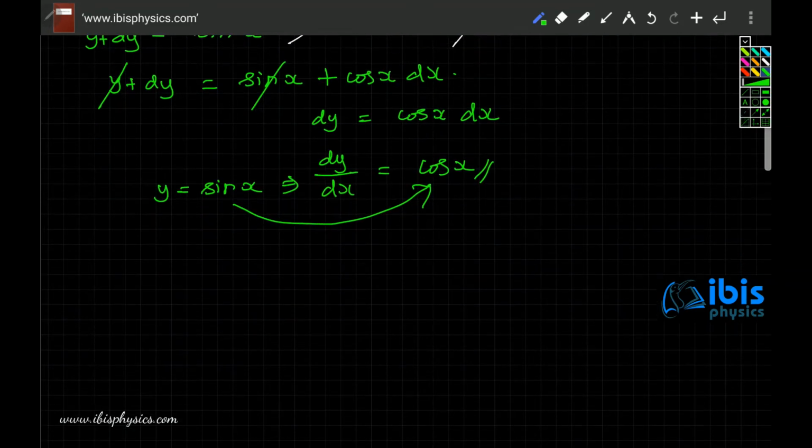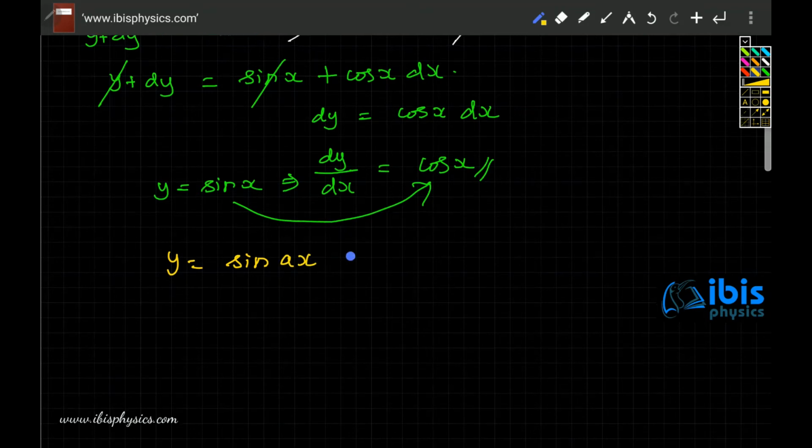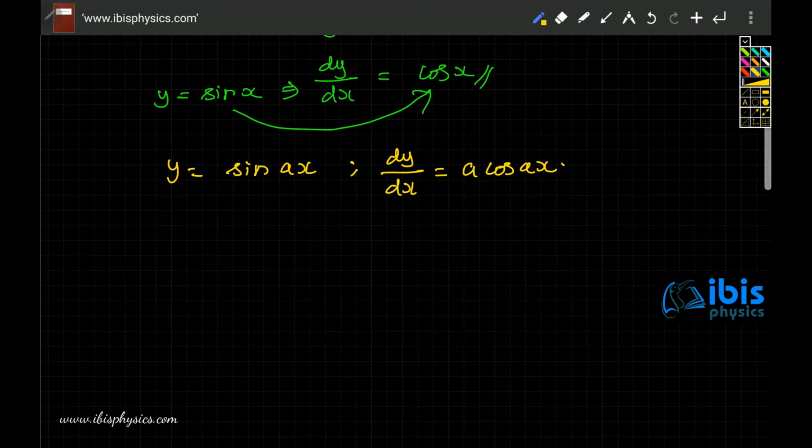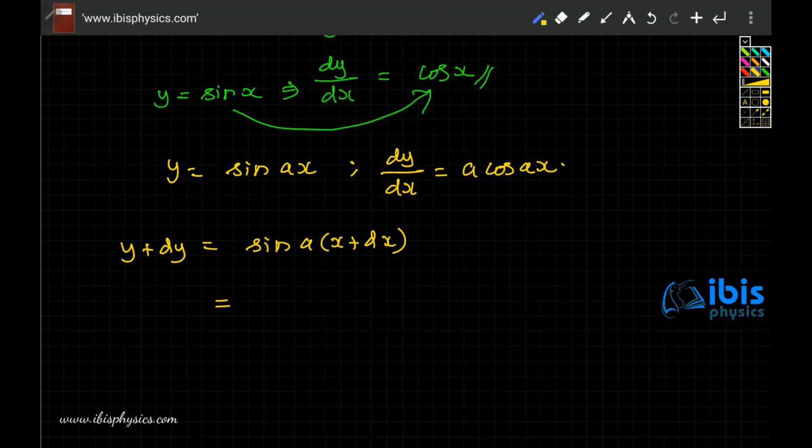And we can also prove the other thing. What is the other thing? If y equal to sine of ax, then dy by dx is equal to a cos ax. How is that? Suppose x increases by a small value, when x becomes x plus dx, y becomes y plus dy, because y depends on x.